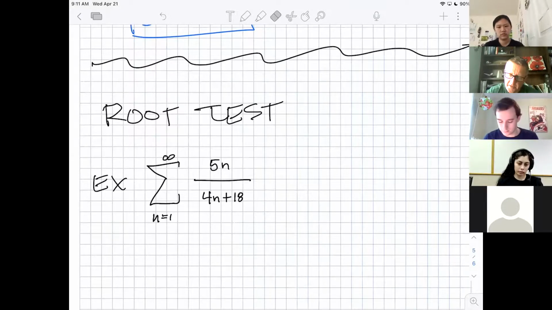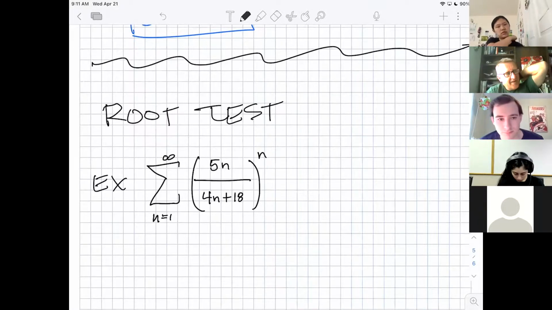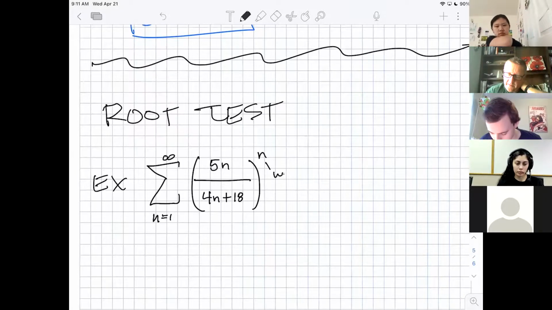But in this section, it's going to be, what if this whole thing was not just that, but raised to the nth power? Now, all of a sudden, it's like, oh my gosh. Even based on common sense, a second ago we just said what's happening on the inside is going to 1.25, 5/4. But then notice this even makes it worse.